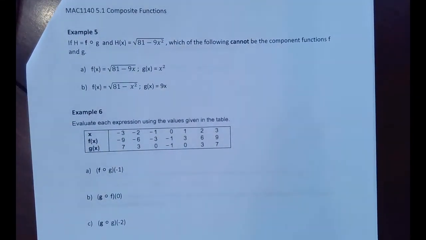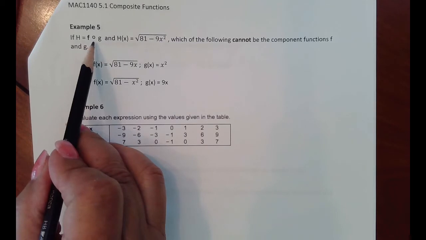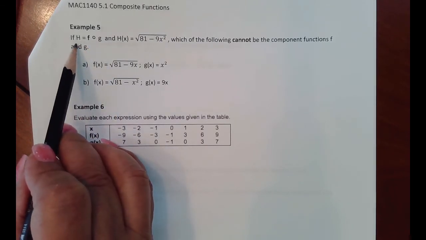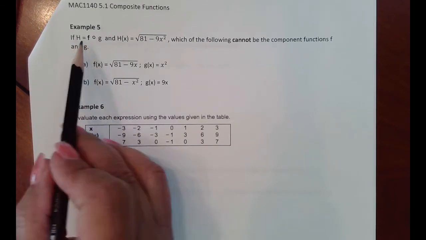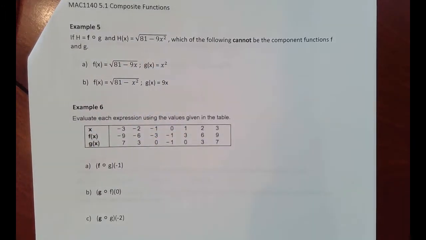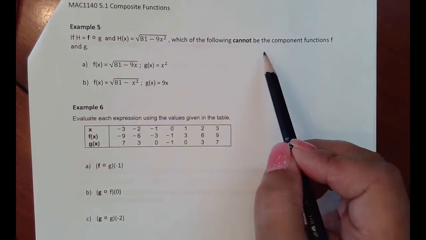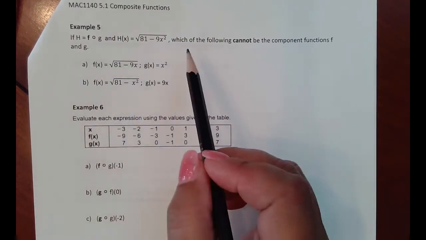In problem number 5, in the outline, they say f composed of g. We're going to give it the name h, and they're saying that this is h, 81 minus square root of 81 minus 9x squared. So they're saying which of the following couldn't possibly be the component functions f and g.